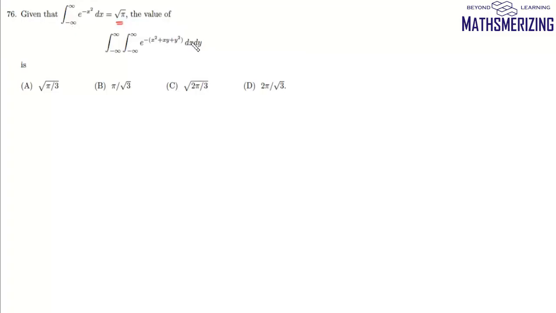So what we'll do is, we'll write this integral as from minus infinity to plus infinity, and then from minus infinity to plus infinity e to the power minus, x plus y by 2 whole square plus 3 y square by 4 into dx dy.